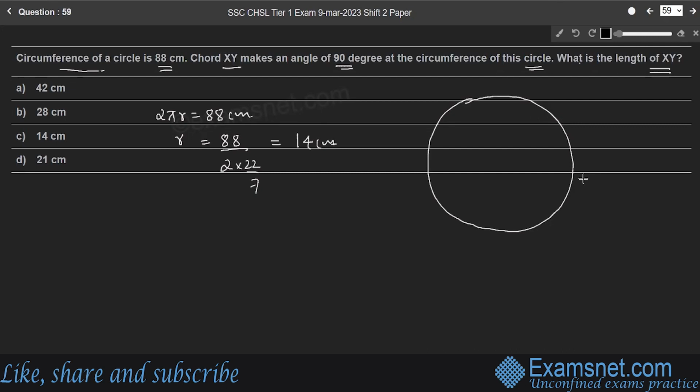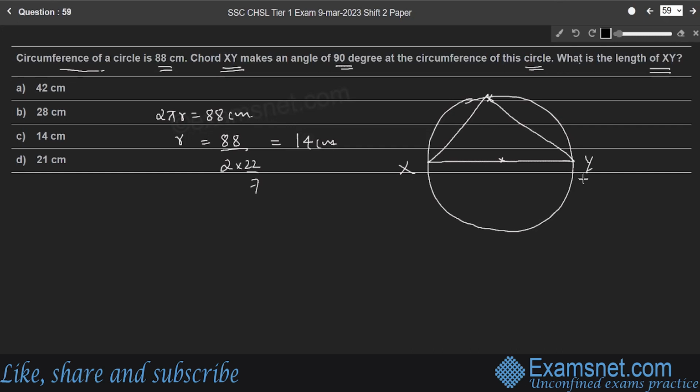Here a chord XY makes an angle of 90 degrees at the circumference of the circle. When a chord makes an angle of 90 degrees at the circumference of the circle, this chord has to be the diameter. Only a diameter can make an angle of 90 degrees at the circumference of the circle.